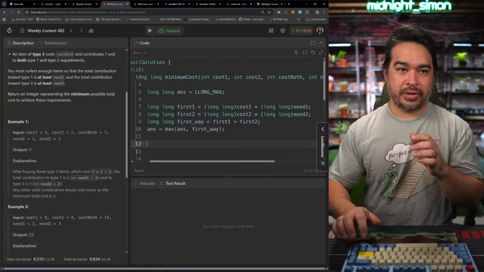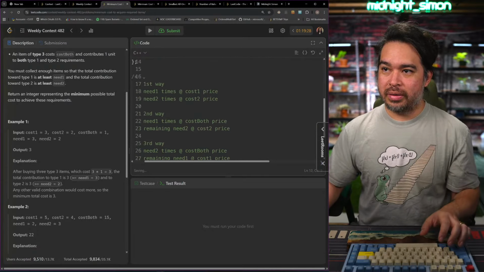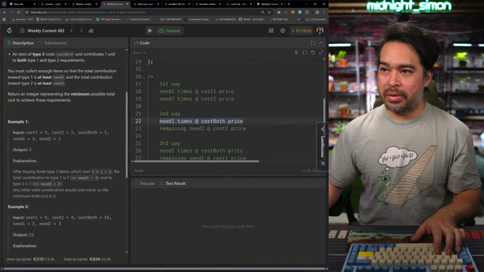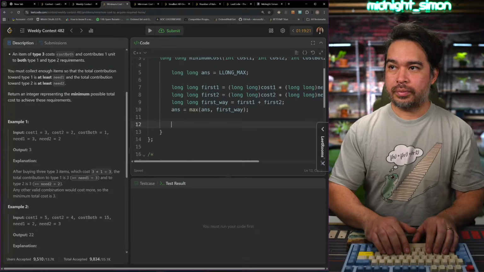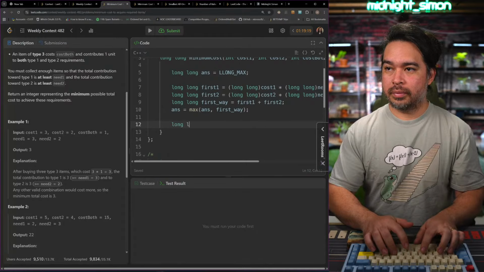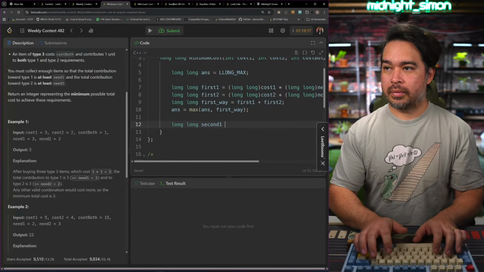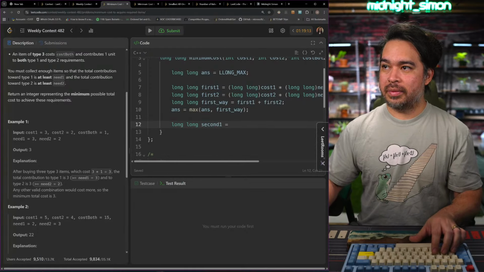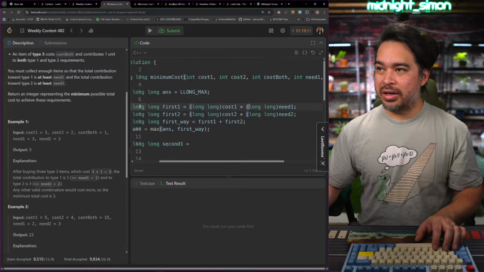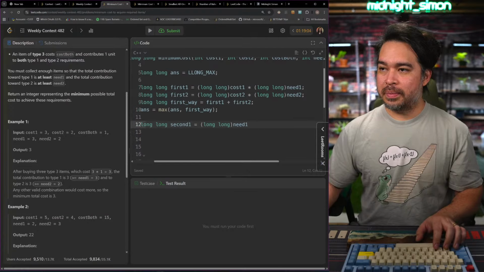Alright, so that's the first way. Second way would be need 1 at cost both times. Can't just cast this one time, man.